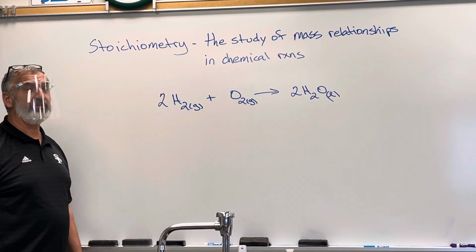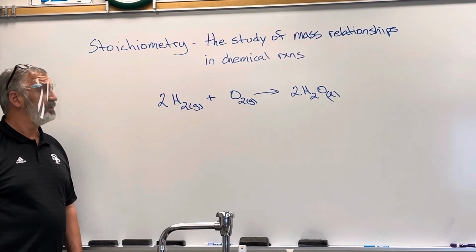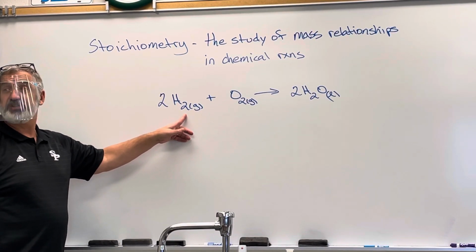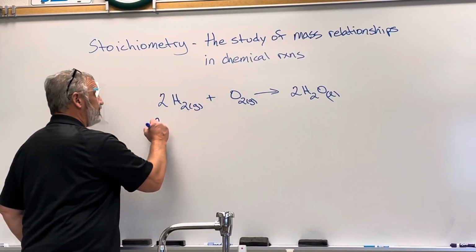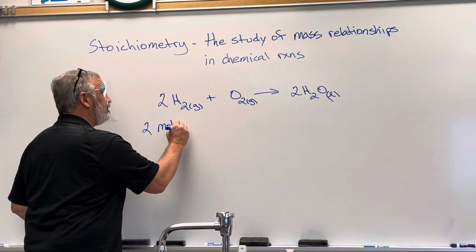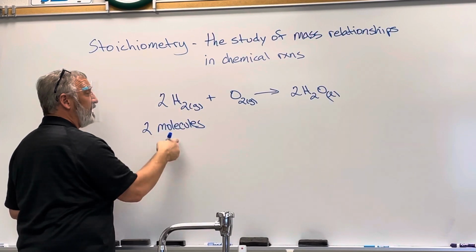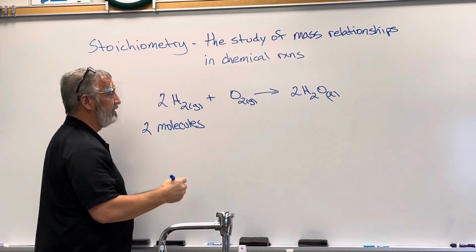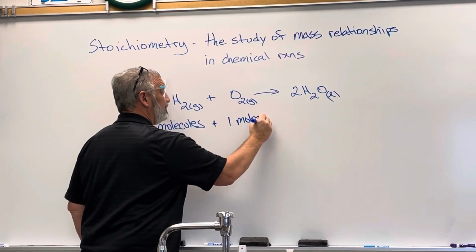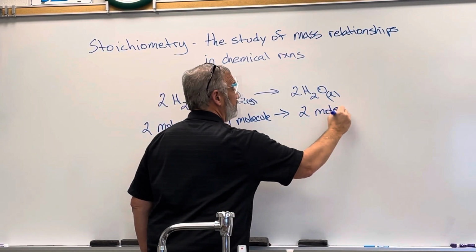So how many are going to combine with how many are going to make how many? It is 4 hydrogens, but they're bonded, 2 of them are bonded together, so we have 2 H2, 2 hydrogen molecules going to combine with 1 O2 molecule to make 2 molecules of water.